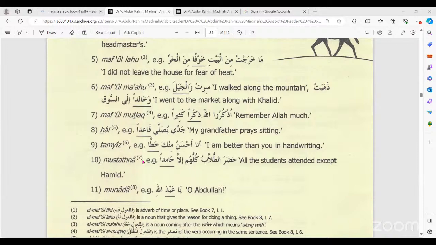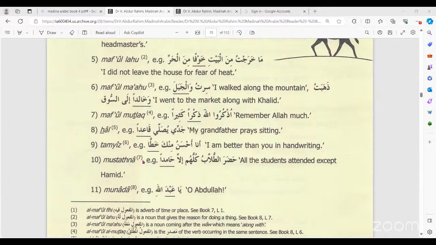They are coming together. When this verb is happening, this is happening together as well. Like dhahabtu wa Khalidan. I went to the market along with Khalid, meaning that when I was going, Khalid was with me.